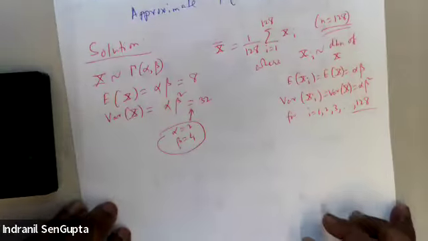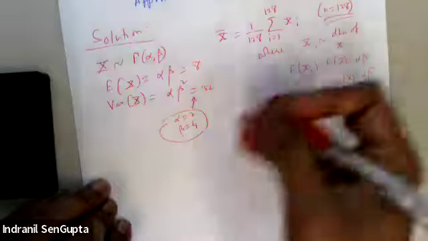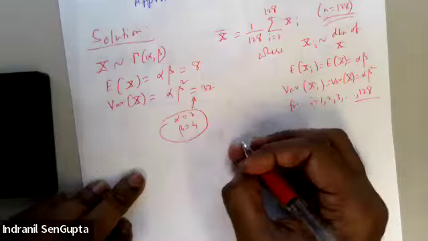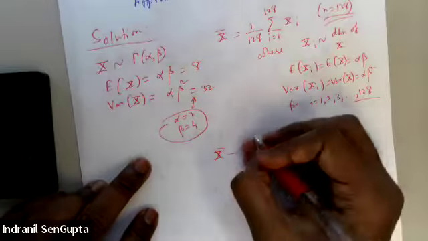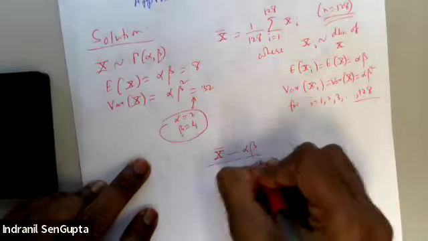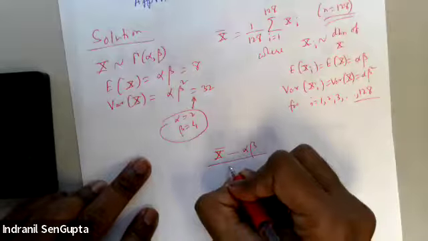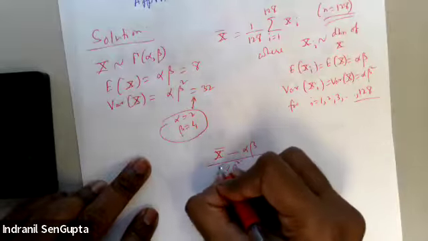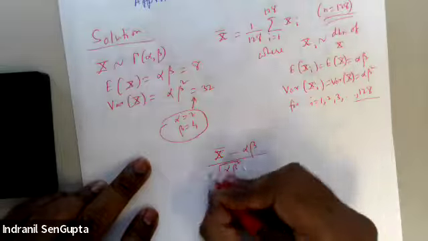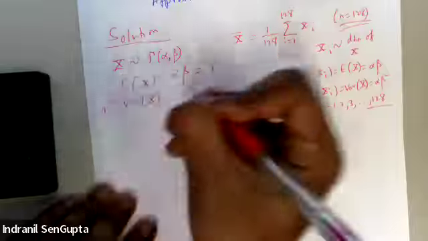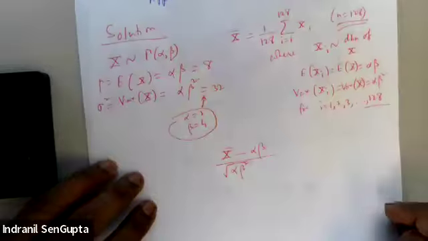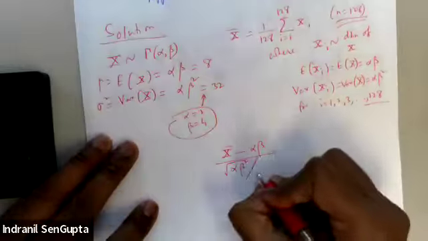Therefore, let's compute the quantity of interest. X bar minus its mean, which is alpha beta, over the square root of alpha beta squared. That's the sigma, right? So this is our sigma squared, and this is our mean, mu, over square root of n.